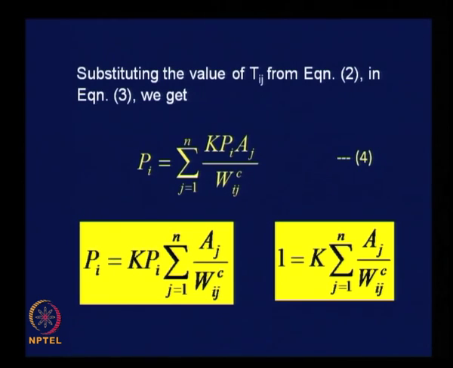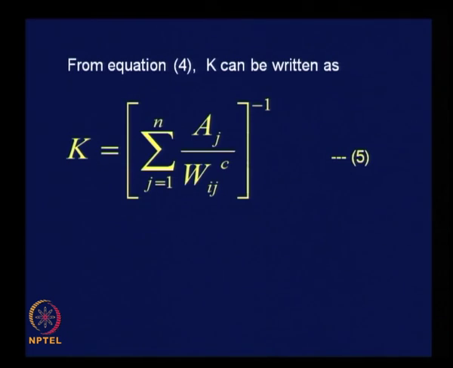From this, k can be written as 1 by sigma j equal to 1 to n Aj by Wij raised to power c, or you can give the same information in a different form. Instead of writing 1 by, you can say raised to power minus 1. That is what I have done.